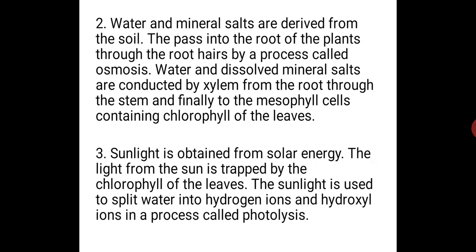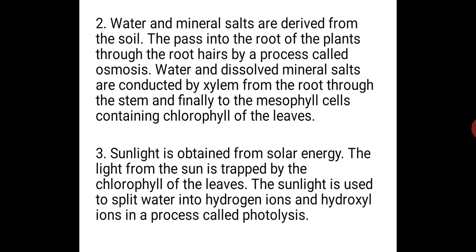Number 2, we have water and mineral salt. Water and mineral salt are derived from the soil. They pass into the root of the plant through the root hairs by a process called osmosis.